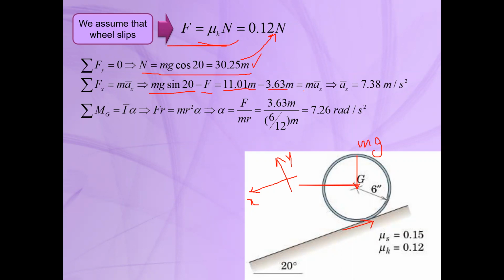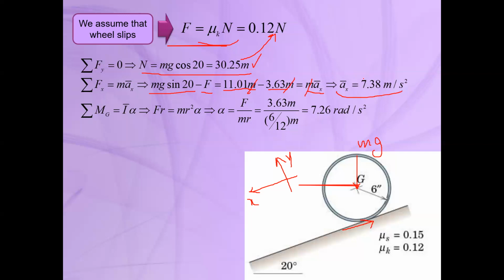We substitute here. For mg sine 20, we will have 11.01 times m, F, which is 3.63 m, and in the right hand side we will have the mass times the acceleration. So from here we can cancel out all of the m's and find that ax is equal to 7.38.